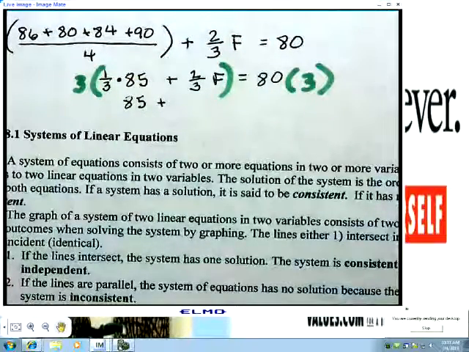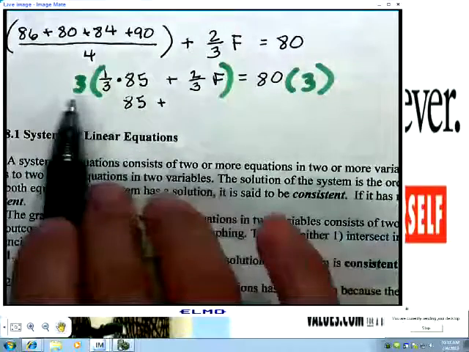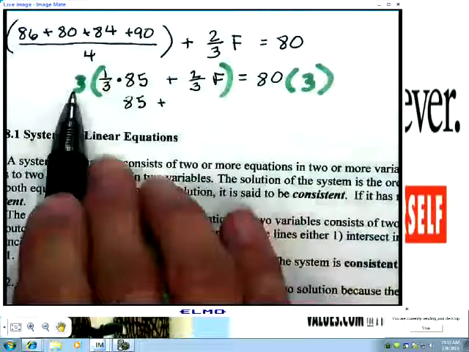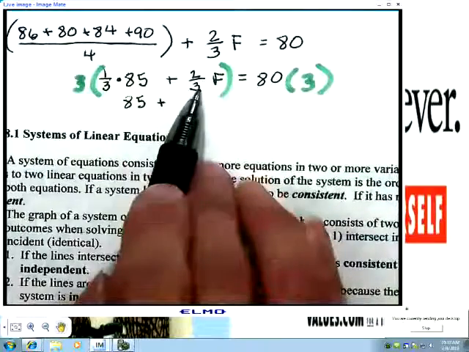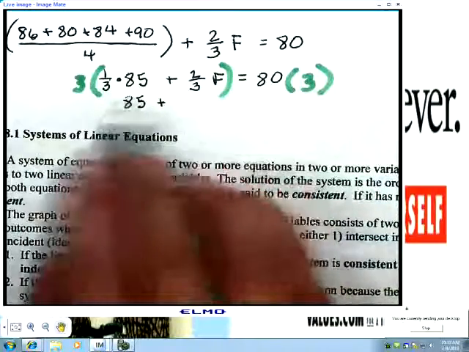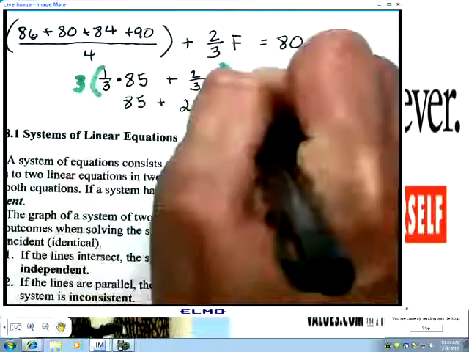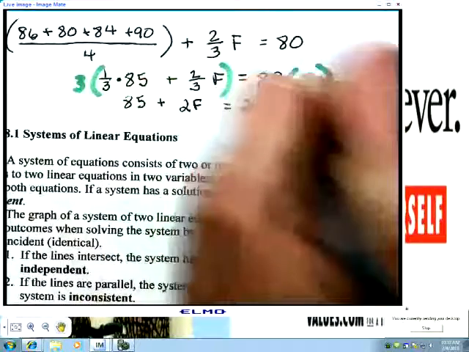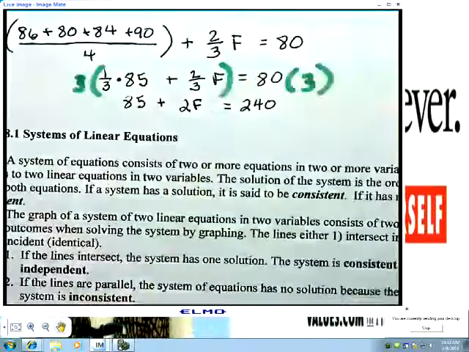You would have gotten back the same 85. Yeah. And what about 3 times 2/3 f? What would that leave me? 2f, because the 3's would cancel. 85 plus twice the final has to add up to 240 points.